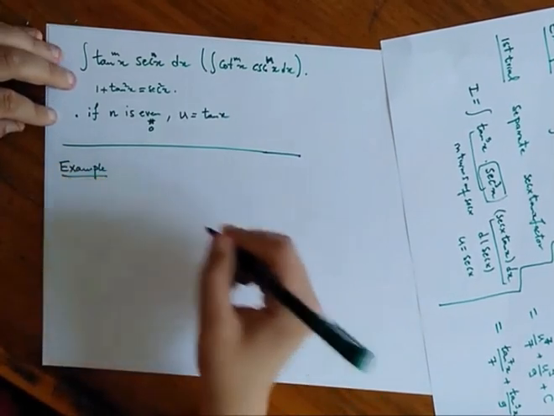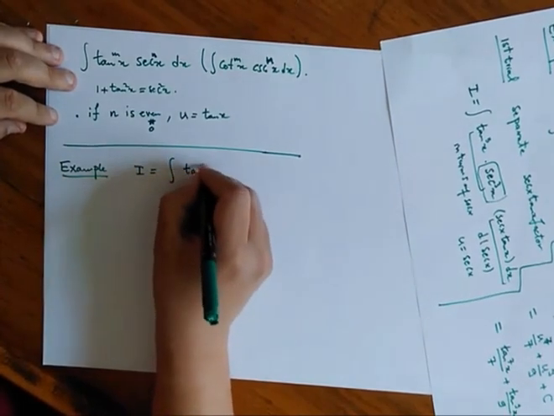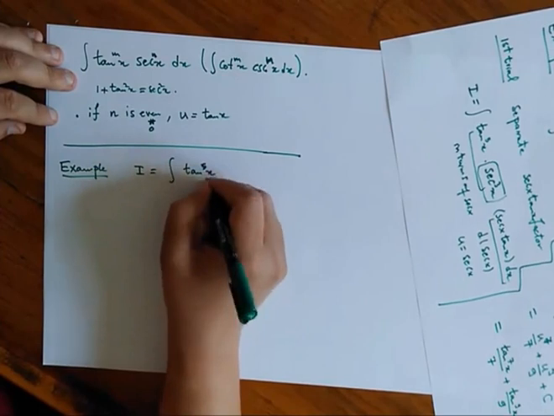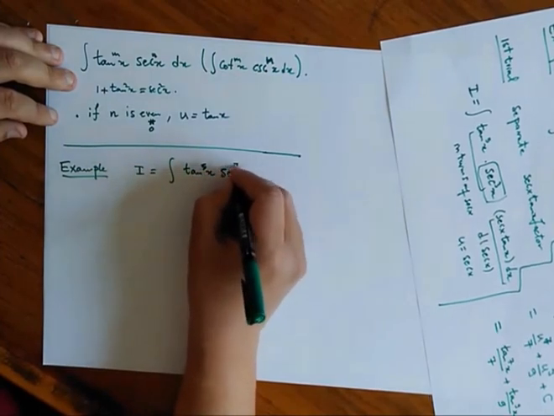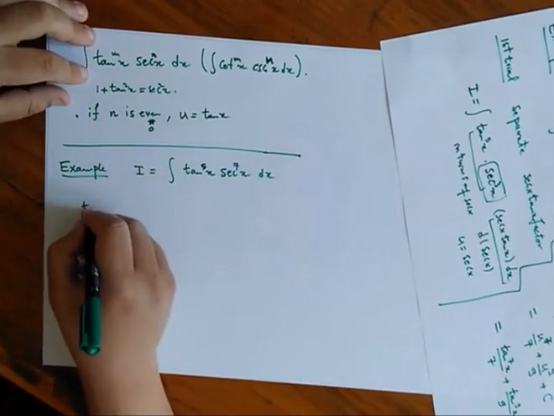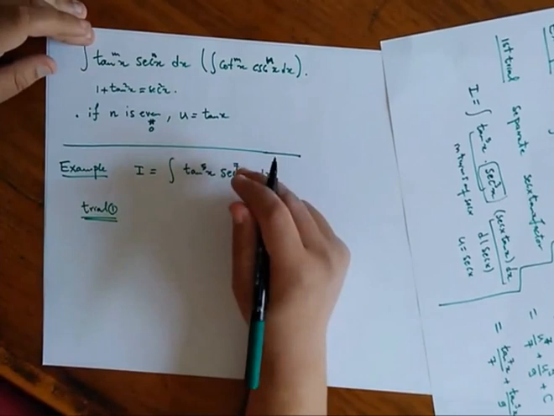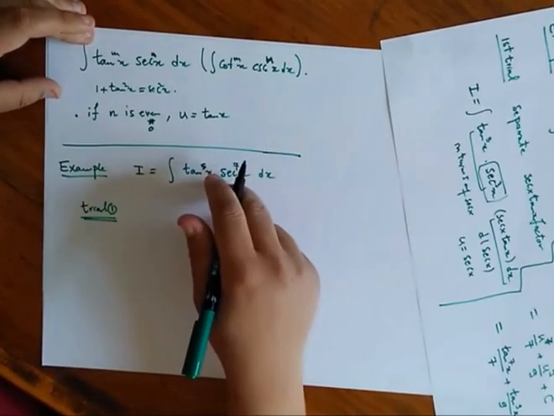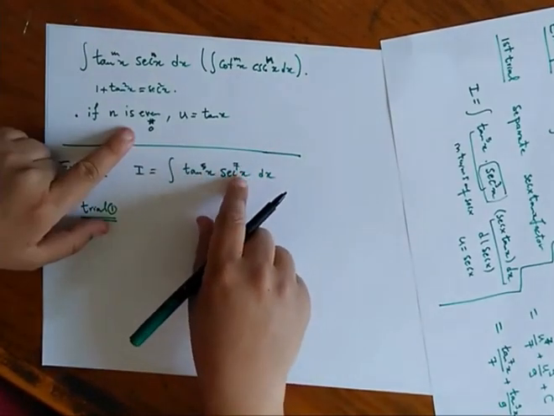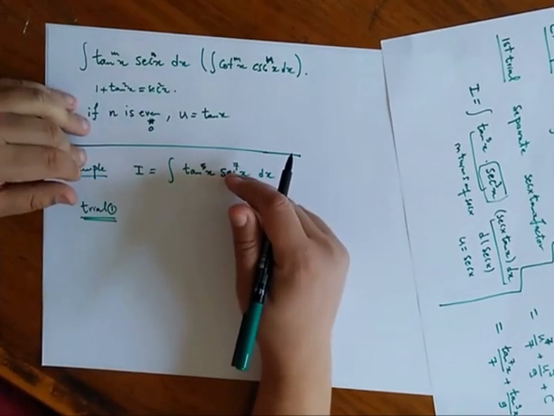Example. Consider this integral, which is tan to the power 5 times secant to the power 7. Maybe one of you says, let's try to do the same as we did here. We know that we said the power of the secant should be even, but why doesn't it work if it's odd?